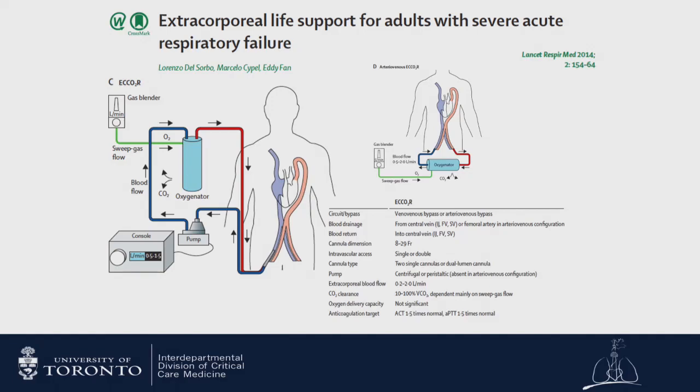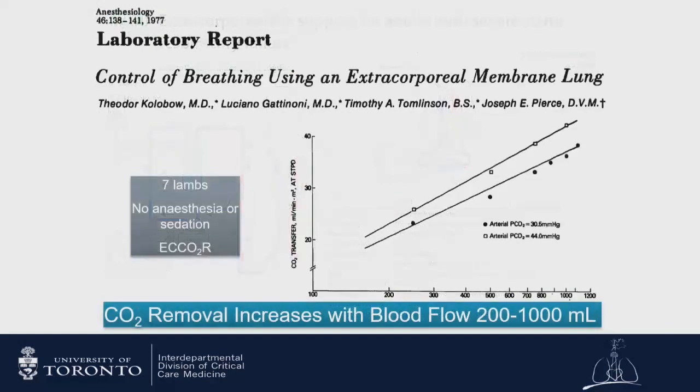Another way to protect the lung and try to make patients synchronous with less support is to transfer the work of breathing away from the lung and onto an extracorporeal device using extracorporeal CO2 removal or ECMO. Next slide. This is not a new phenomenon. We've known since the 70s that you can completely control ventilation in normal animals by removing CO2 extracorporeally.